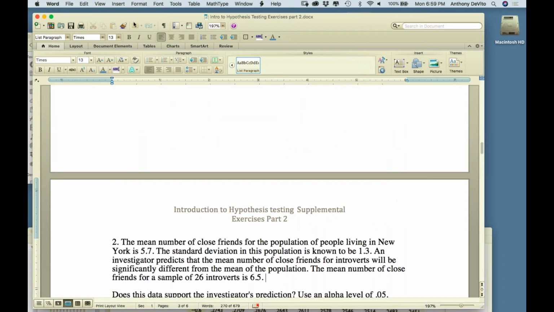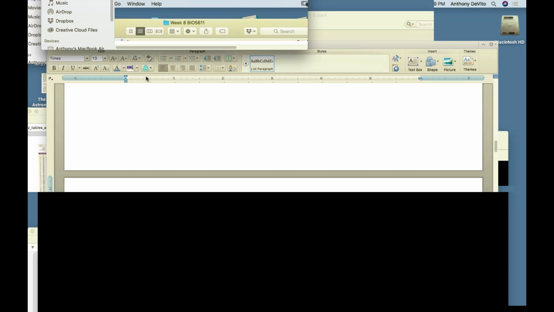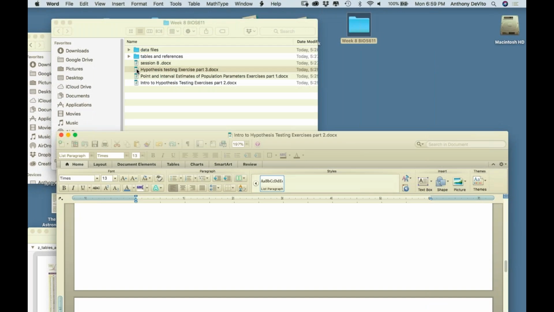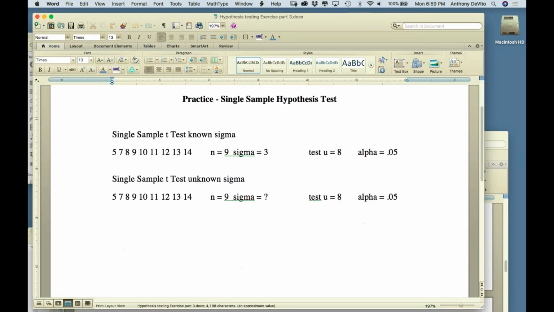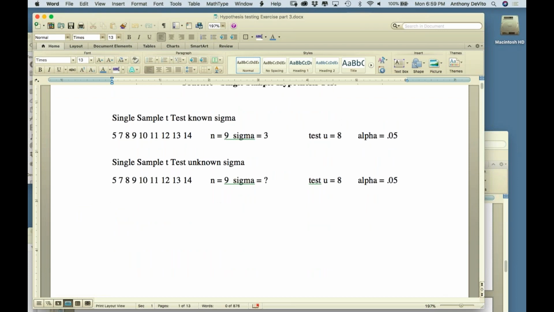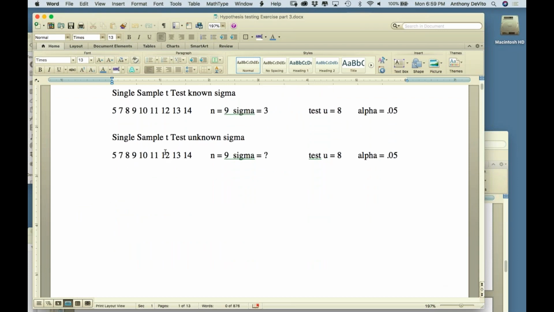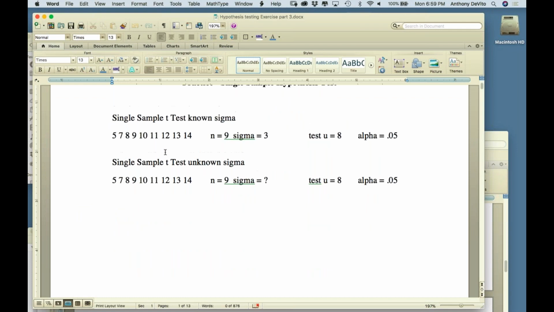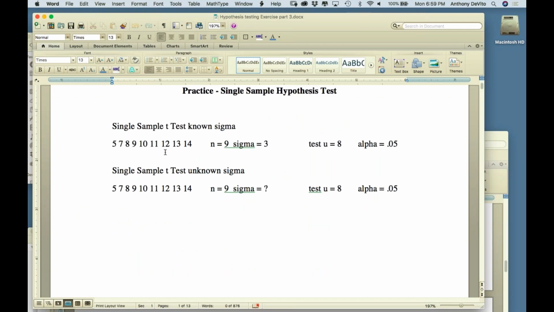We got a better one. Okay, so let's say we have 10 values.